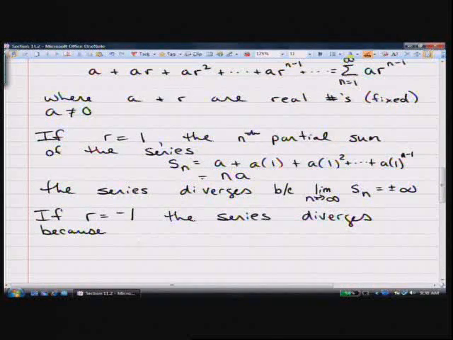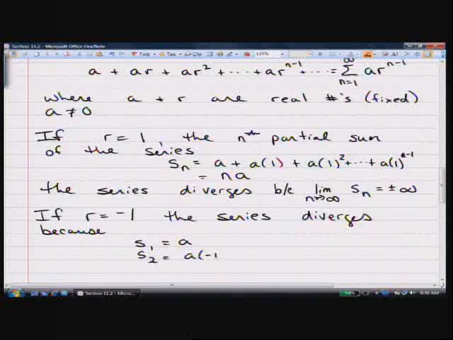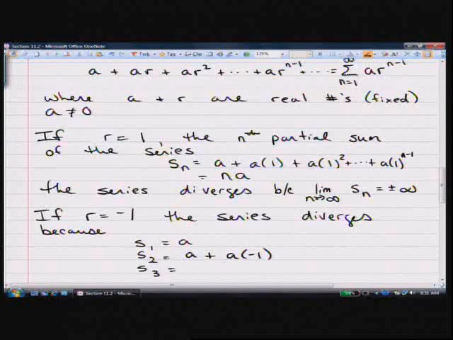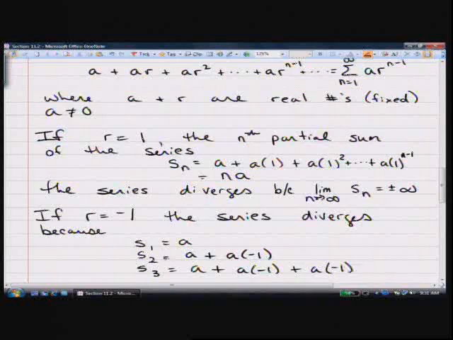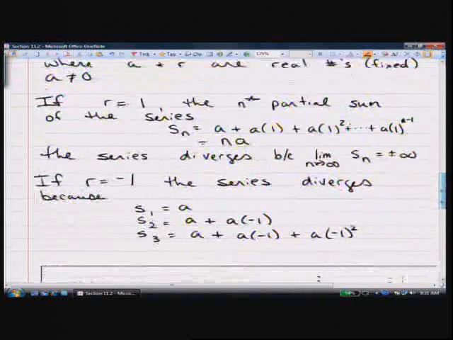S sub 1 would just be A. S sub 2 would be A plus A times -1. And S sub 3 would be A plus A times -1 plus A times -1 squared, right?